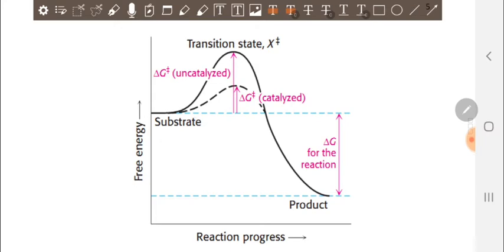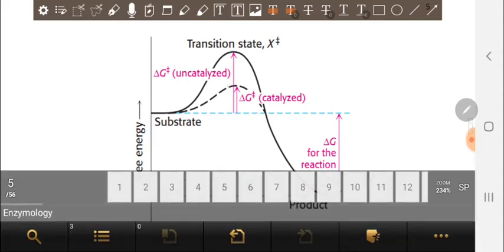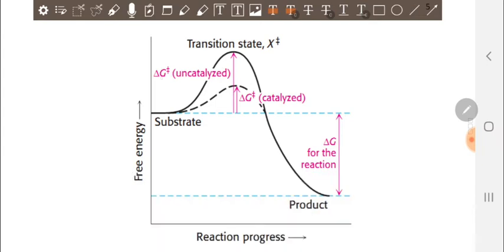A substrate is converted to a product, and the transition state is the in-between state between the substrate and the product formation. To form that particular state, this much energy is required. This is the zero energy level, and from this level to this level, this amount of energy is required. This big arrow is delta G for the uncatalyzed reaction, and the small arrow is delta G for the catalyzed reaction. You can see the difference.